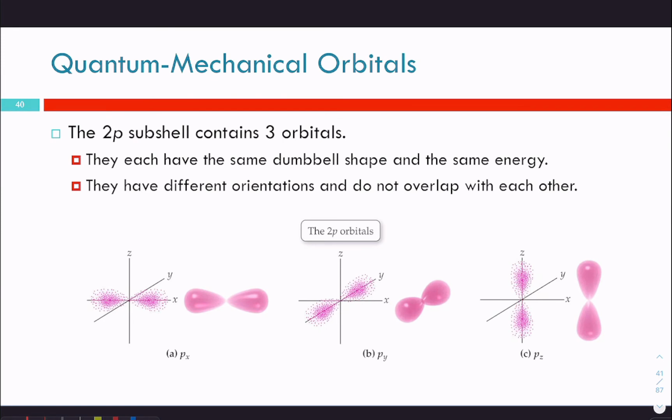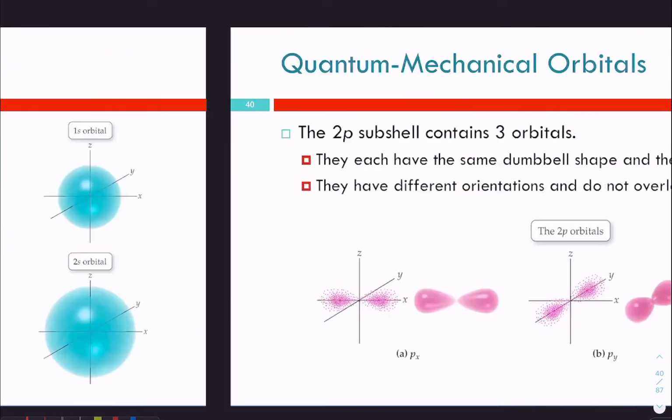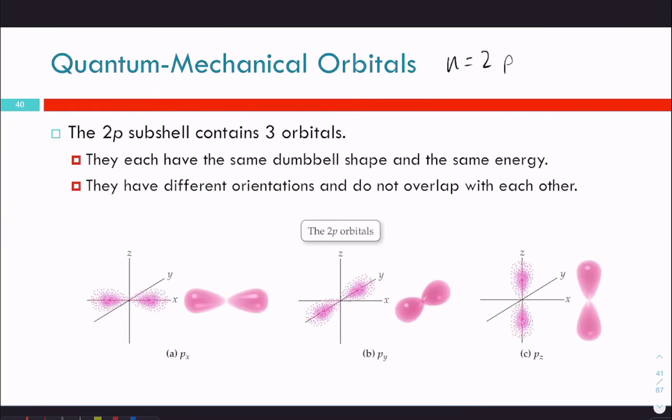So like I mentioned, the n equals 2 principal shell has two different types of orbitals. So 1s is the sphere, 2s is a slightly larger sphere, and 2p is this dumbbell shape.